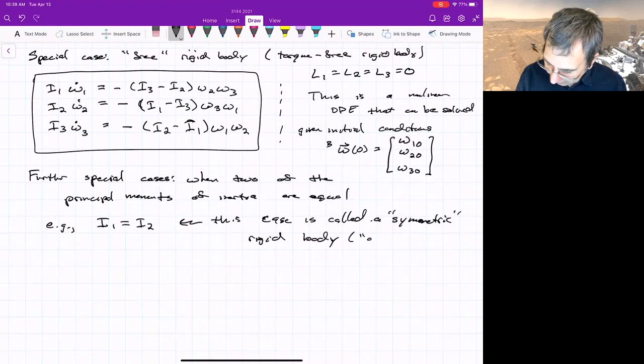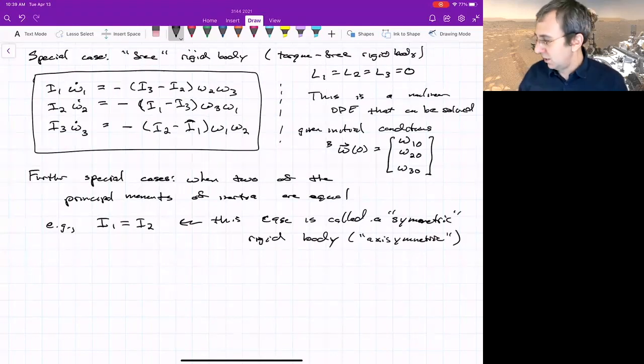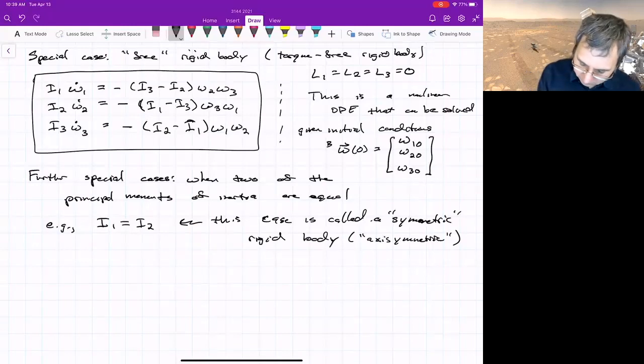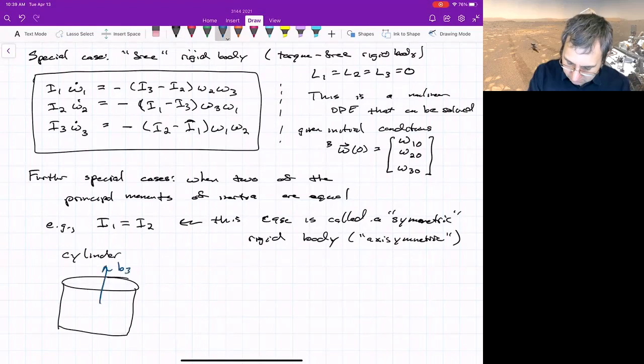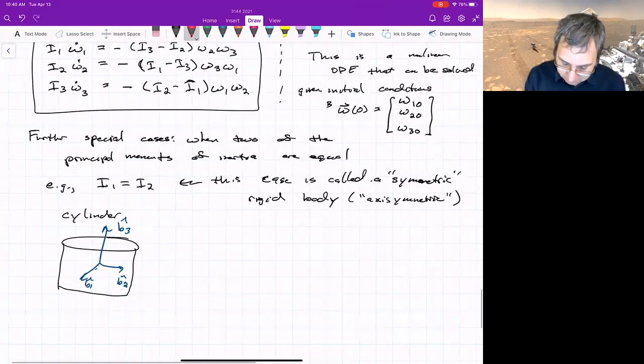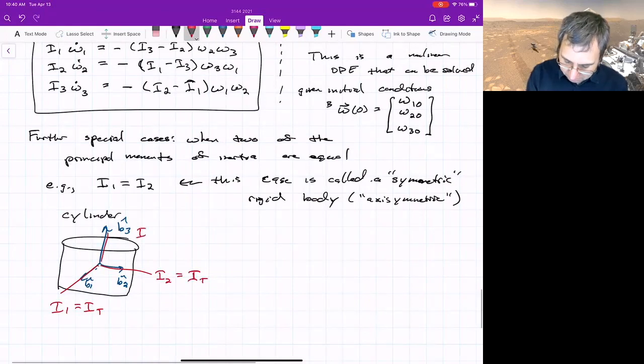Sometimes it's called axisymmetric, but I think this can be deceiving because, yes, it's true if you have a cylinder, like a perfect cylinder, then yes, this is an axisymmetric body, and the moment about B1 and about B2 are equal. Maybe we'd call those the transverse moments. They're equal to each other. And then I3 is not equal to that value.